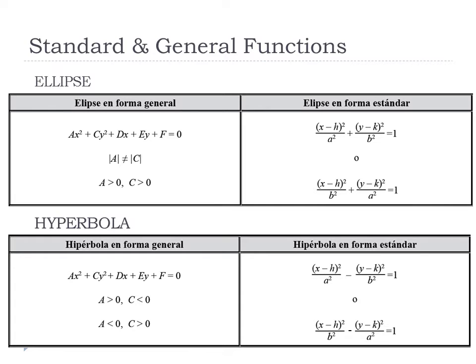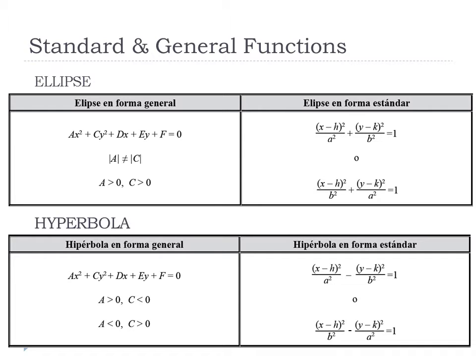Okay, now, last one. If A and C, once again, are different, but in this case A is greater than 0 and C is smaller than 0, namely one is positive and one is negative, then you get a hyperbola. It doesn't matter, as you can see here, A can be the big one, the positive one or the negative one, as long as the other one is the contrary, okay?